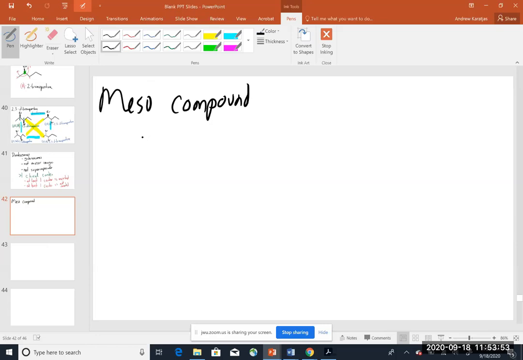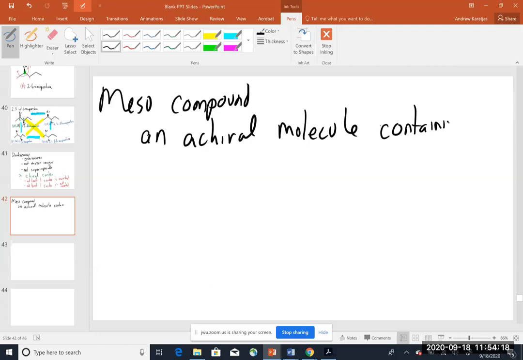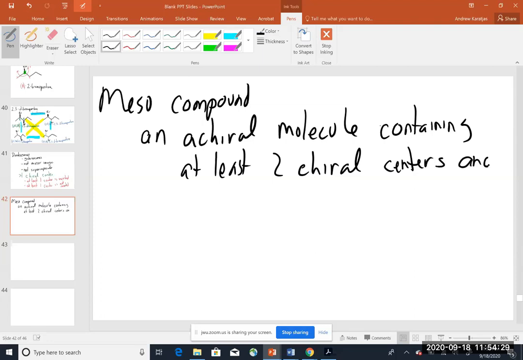So a meso compound is an achiral molecule. So the entire molecule is not chiral. If you put it into a polarimeter, it won't rotate the light at all. But what makes a meso compound special is that it contains at least two chiral centers and an internal plane of symmetry.